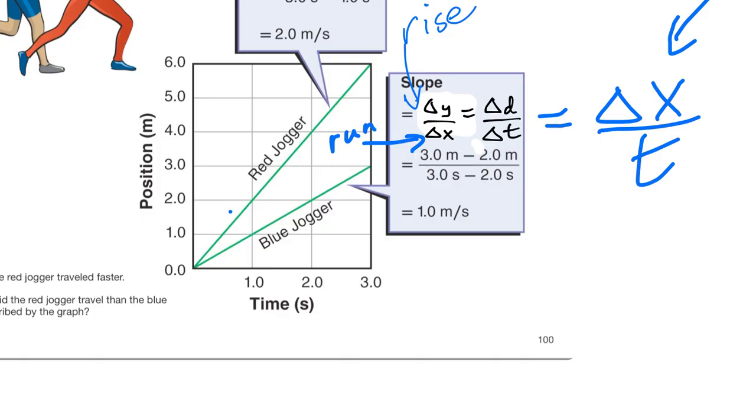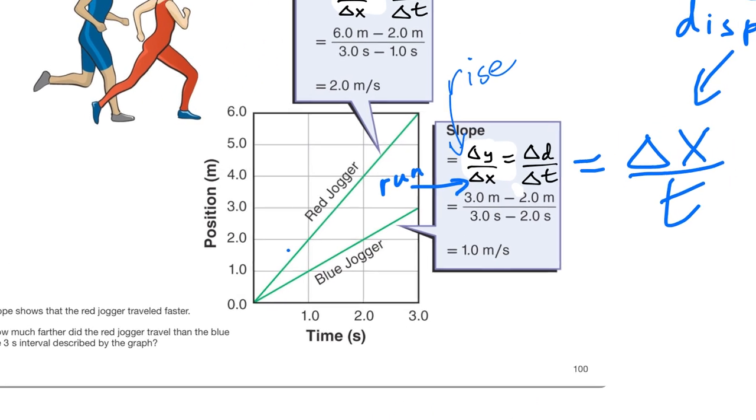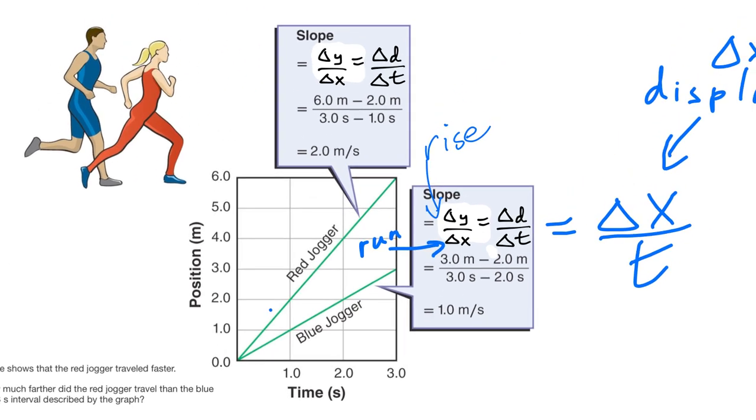Okay, slope is the steepness of the line. So the steeper line has the bigger slope, and therefore has a bigger velocity. So the red runner has the bigger velocity over the blue runner, and I can figure out what those velocities are, the way I did in those blue boxes there.